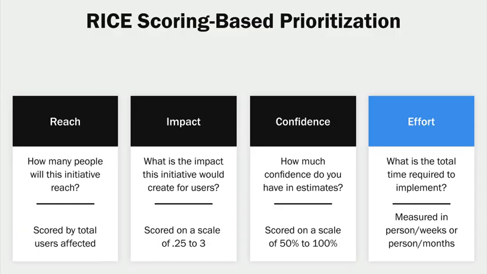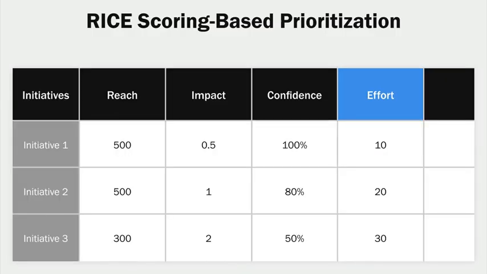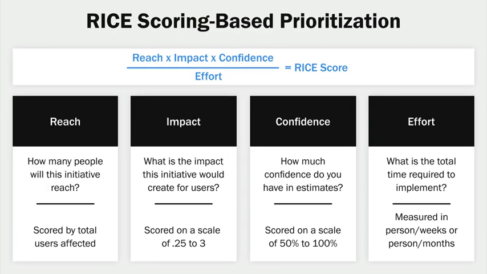Initiative 3 is a big bet, so it gets 50%. In our example, Initiatives 1, 2, and 3 might take 10, 20, and 30 person weeks, respectively, so their effort scores are exactly those. Each initiative receives a score, calculated as the product of reach times impact times confidence divided by effort.